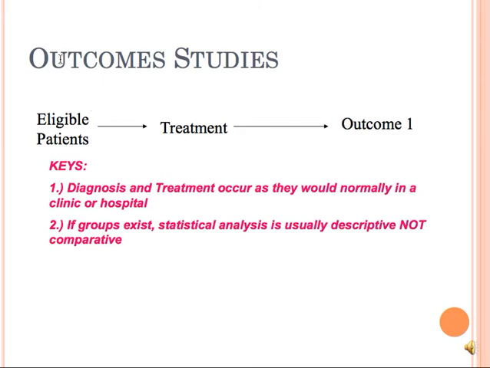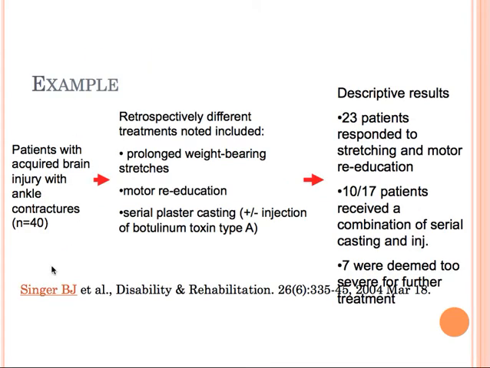And this is called an outcome study because it's purely descriptive, documenting how effective the treatments are in changing different attributes in terms of body structure and function, activity limitations, or participation that are important to those individuals. So we can see that's a pretty simple design. Let's look at an example.